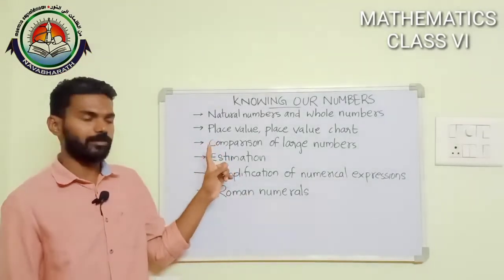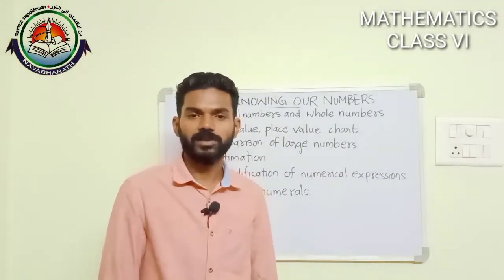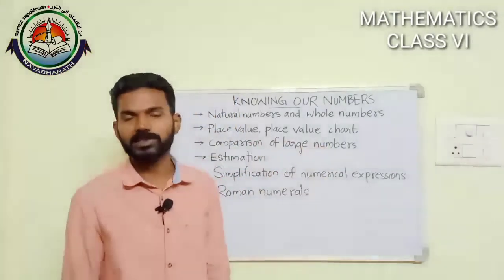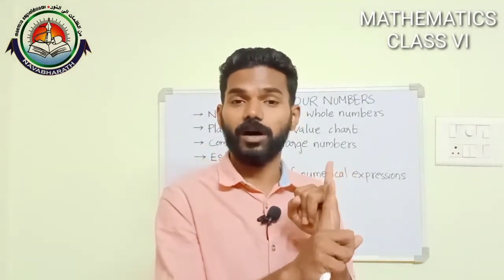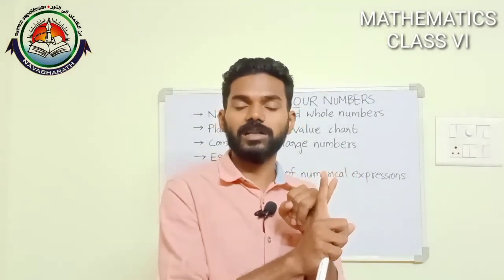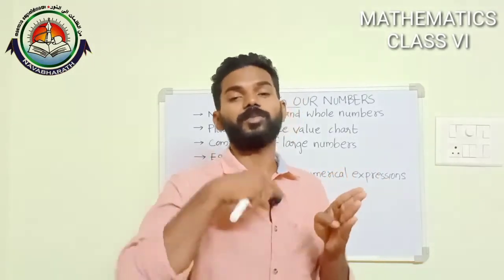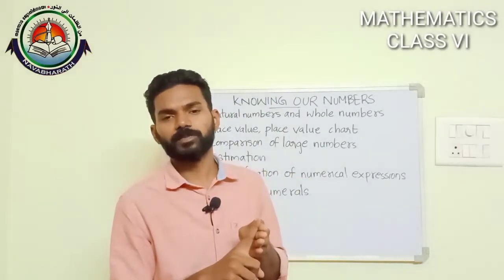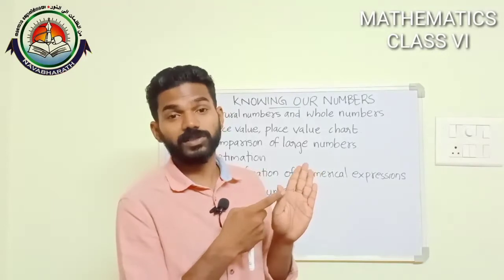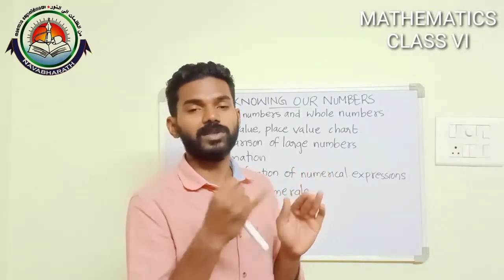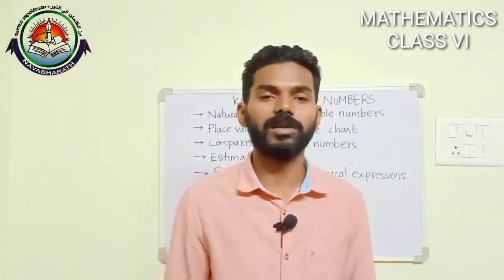Thereafter, we discussed comparison of large numbers. In comparison of large numbers, initially we discussed the concepts of successor, predecessor, successor of successor, predecessor of predecessor. Then we discussed natural numbers, consecutive natural numbers, consecutive even numbers and consecutive odd numbers.